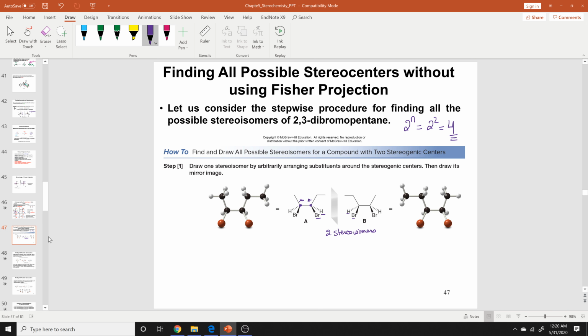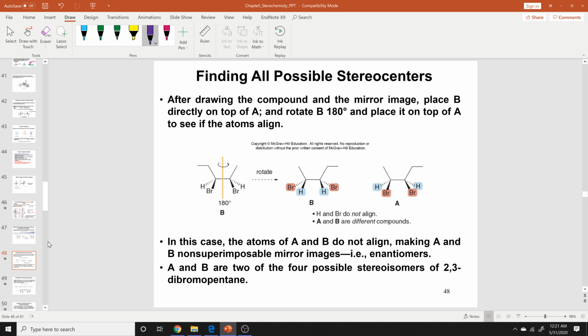This is just a test that we normally do once we draw the enantiomers in a 3D geometry. Normally what we do is rotate the B enantiomer 180 degrees and put it on top of A and see if the bonds align. If they do not align, then we say that A and B are enantiomers of each other. They are different compounds and they are enantiomers of each other.